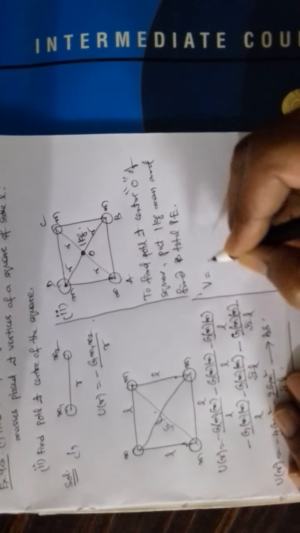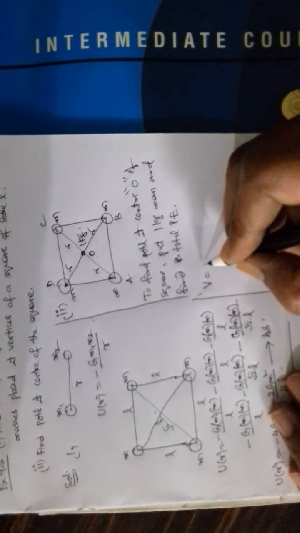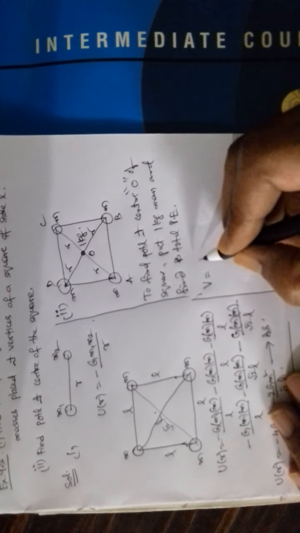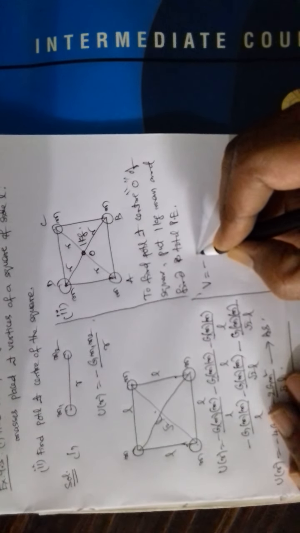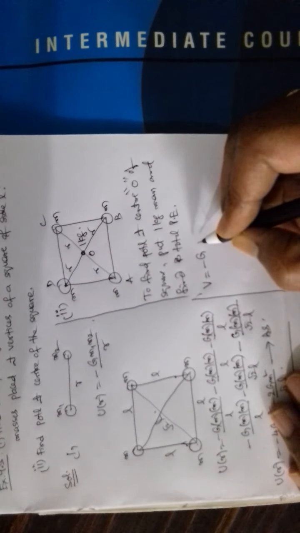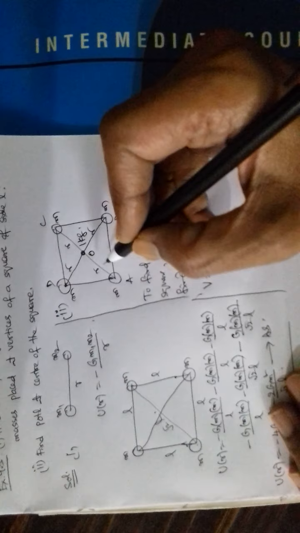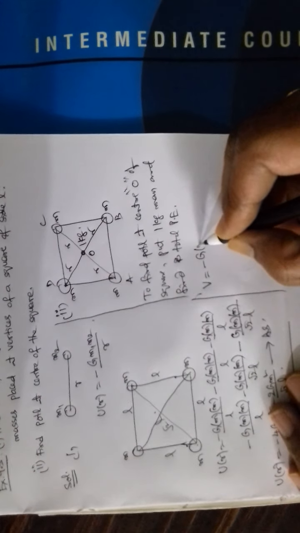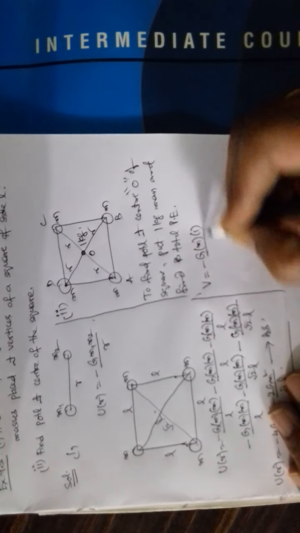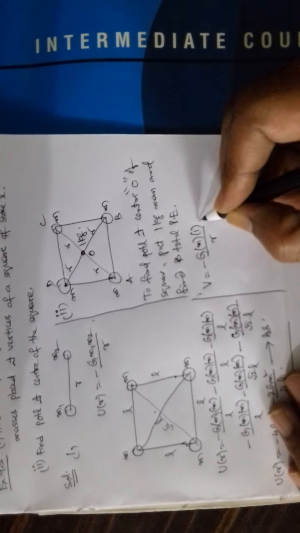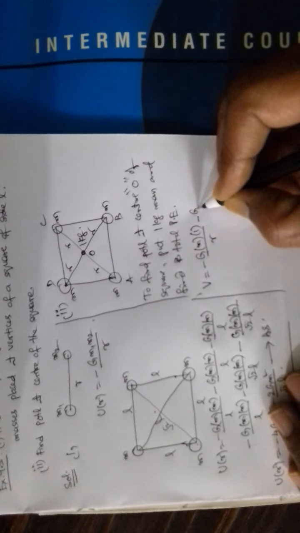V is equal to minus G, this mass into this mass by r, minus G again with this and this.